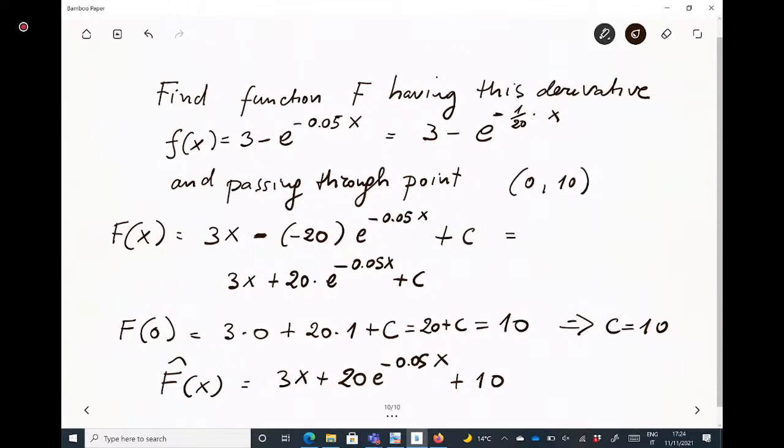Okay? So this is an example of application of a boundary condition. Boundary condition, in Italian, is condizione al contorno.